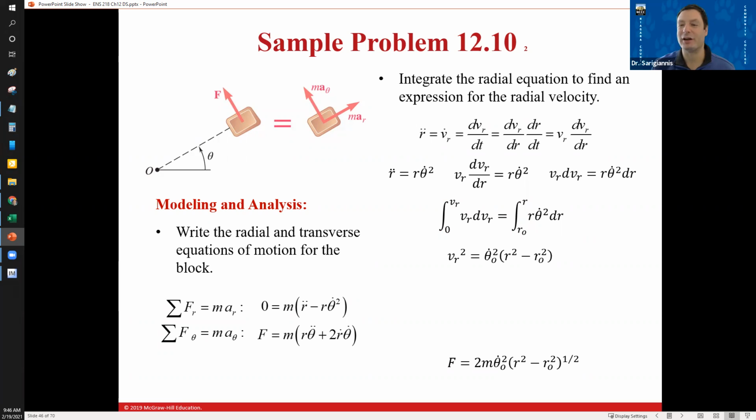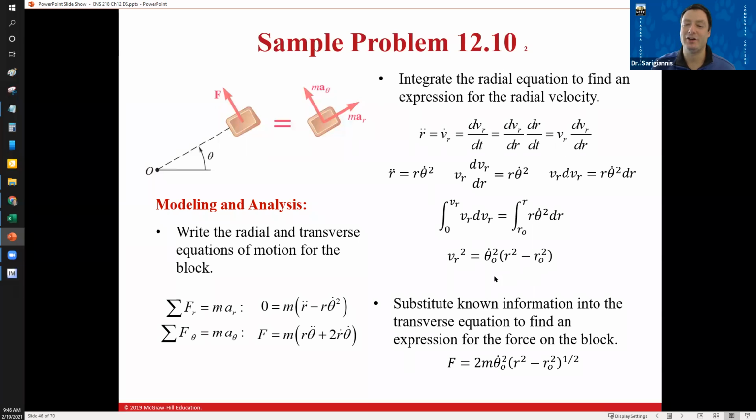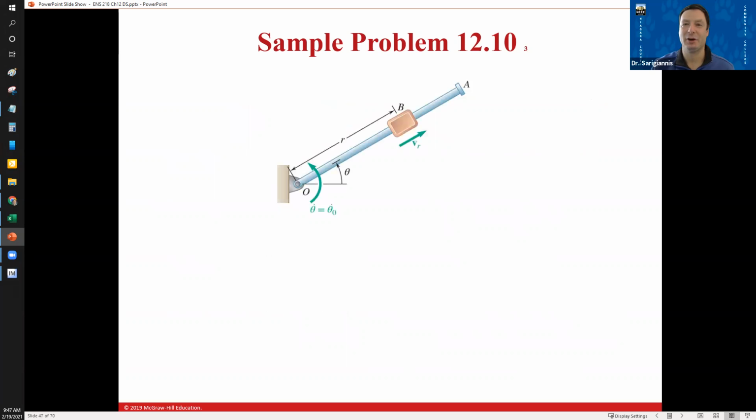Again, you get an expression. Notice here, theta dot is the derivative of theta with respect to time, not with respect to r, so you just deal with it as a constant and pull it out of the equation. Then you substitute the information to get the force on the block. So the force here is 2m theta dot squared, and we've substituted in this expression, (r squared minus r naught squared) to the 1/2, for the force.